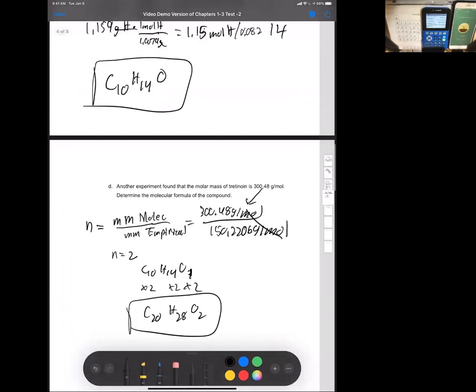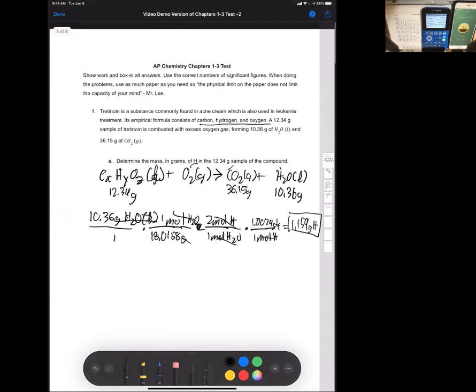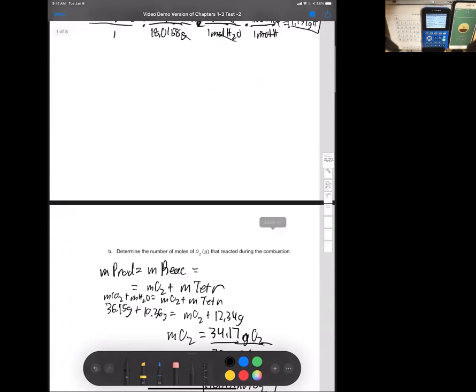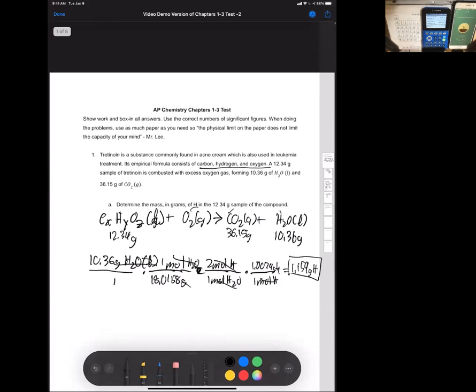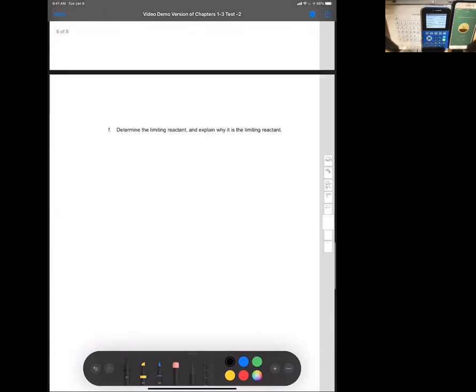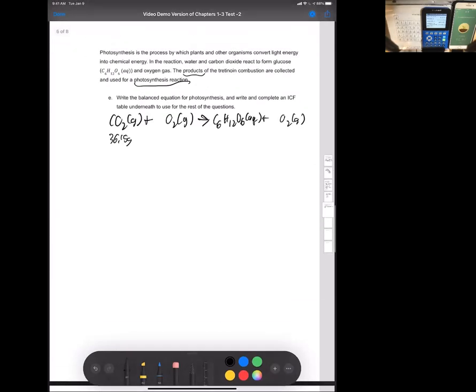So we have CO2 from before, 36.15 grams. Okay, that looks about right. And so now we can organize all of this stuff and write a balanced equation.